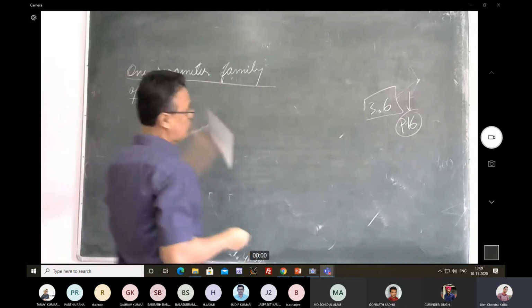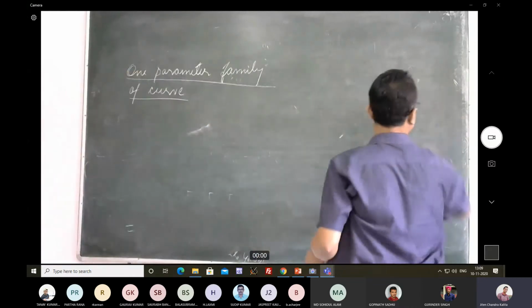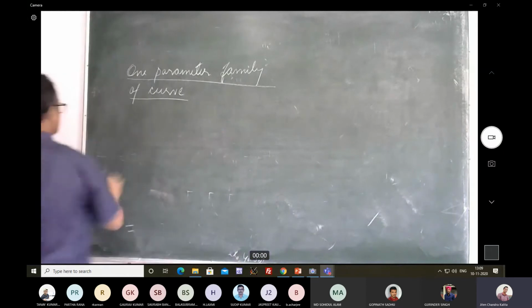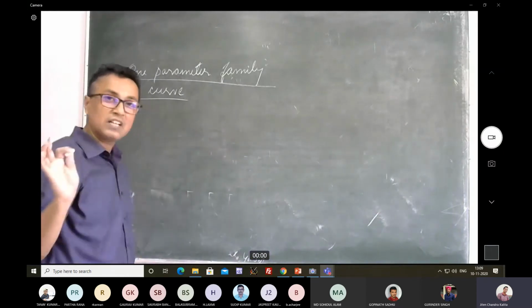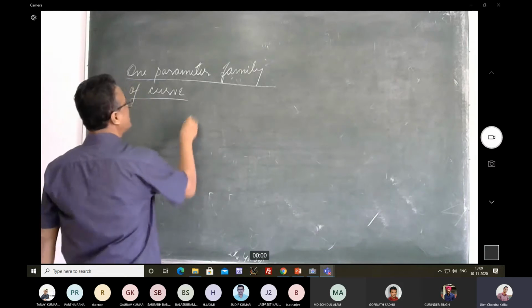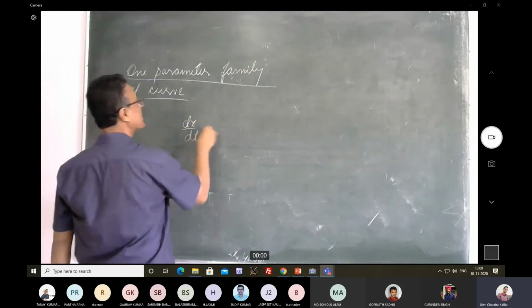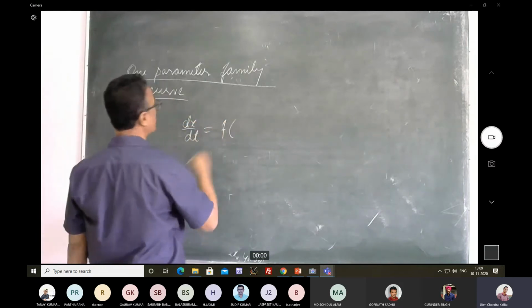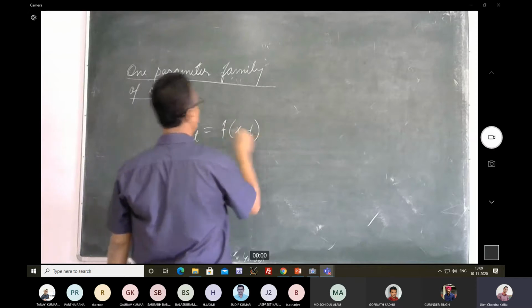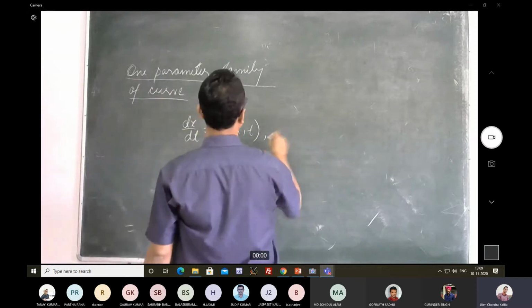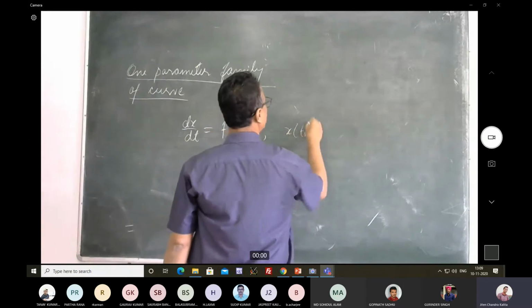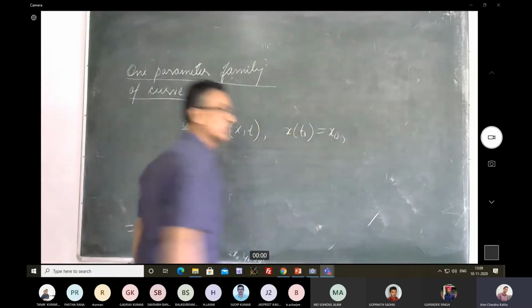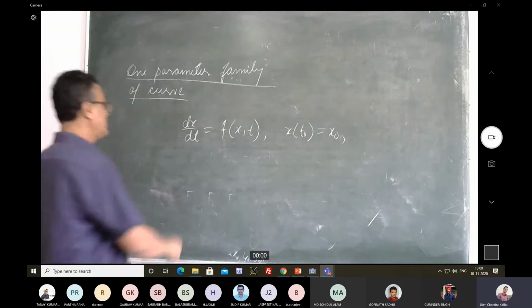I'd just like to mention one thing. You already know it. Earlier in our ODE class, we considered a first order ODE of this form, with some initial condition, say x(t0) equal to x0. We have already seen that.